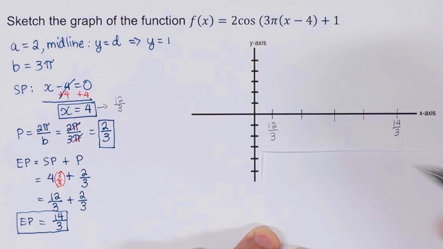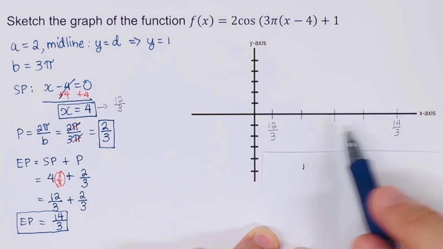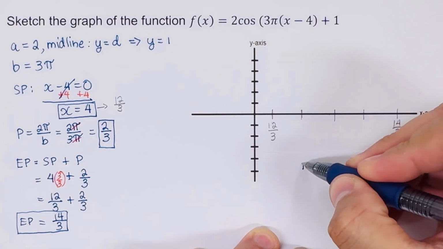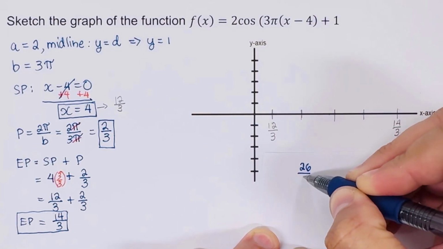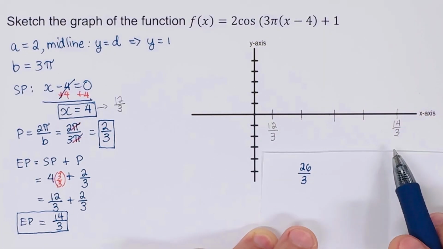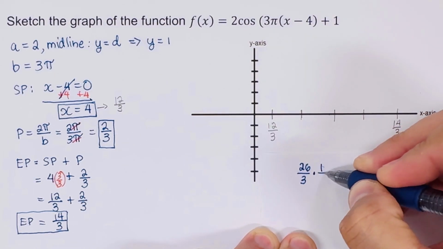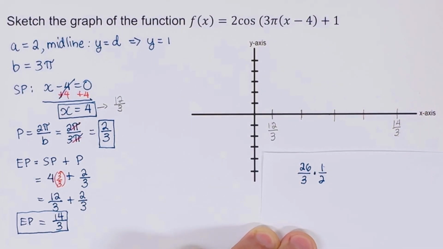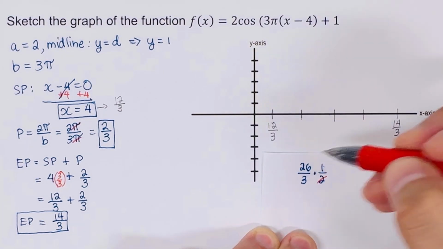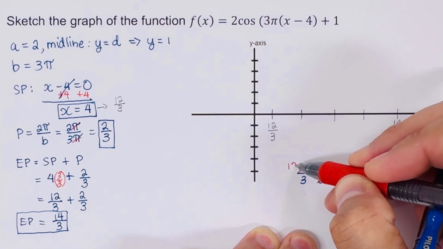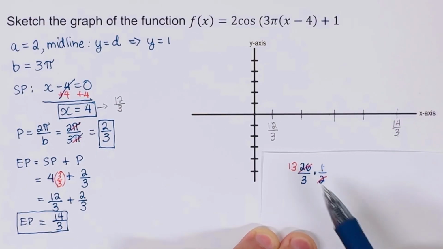So 12 plus 14 is 26 over 3, because they have a common denominator. We're adding these two and multiplying by 1/2. 2 and 2 get crossed out. So that is 13, so pretty much this is 13 over 3.